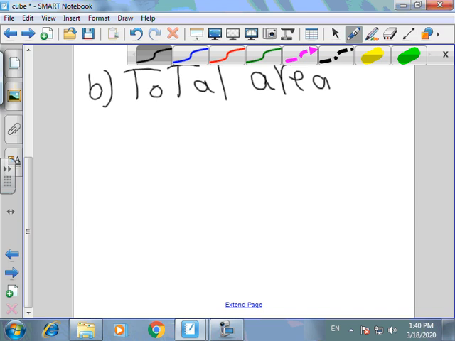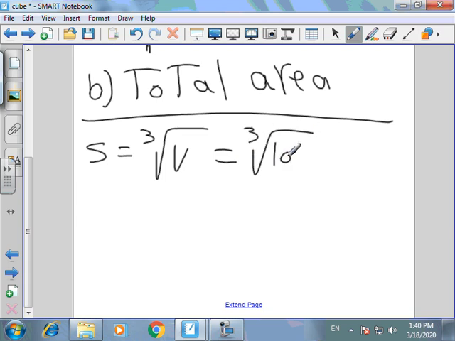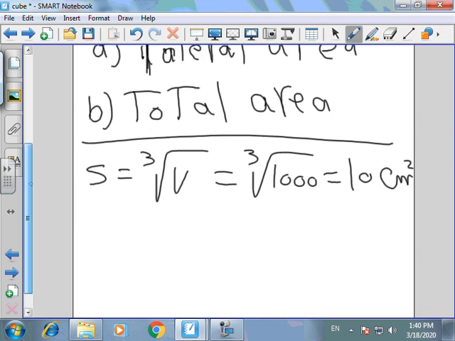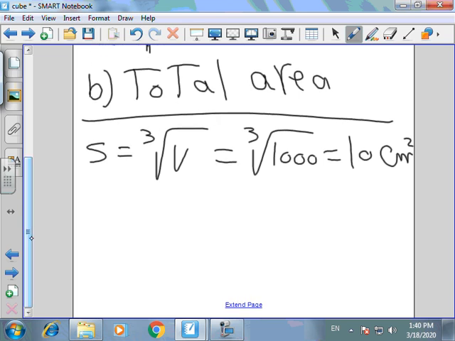As you remember from the first term, to get the side or the edge out of the volume, we take the cubic root of the volume. The cubic root of 1000 equals 10 centimeters. Now we got the side. And I think it's very easy to find the lateral area and the total area. How?